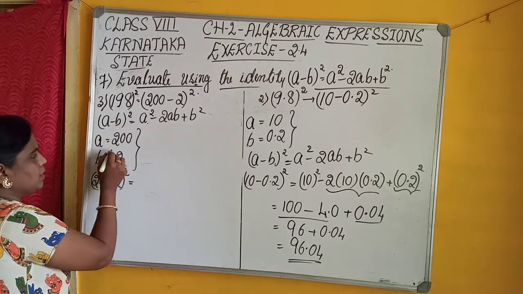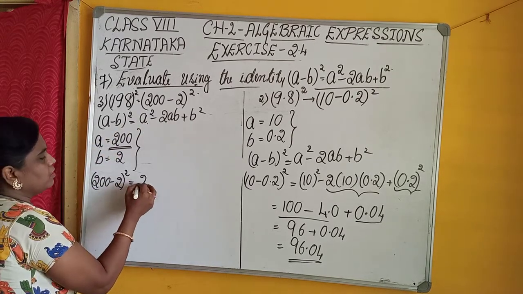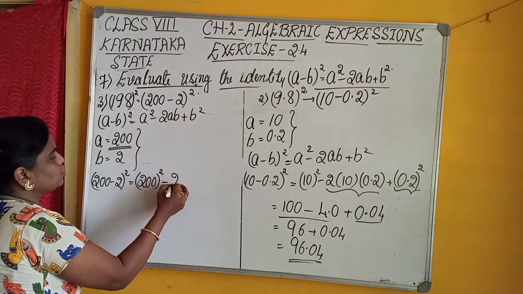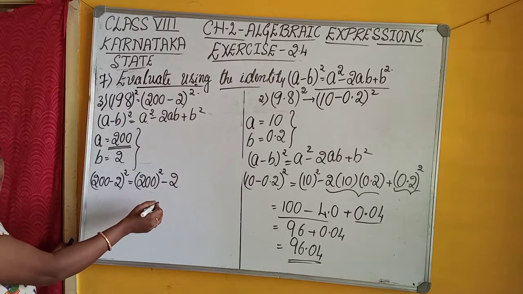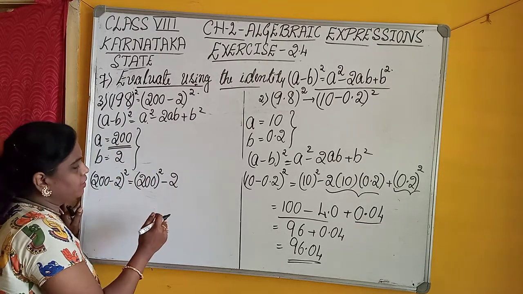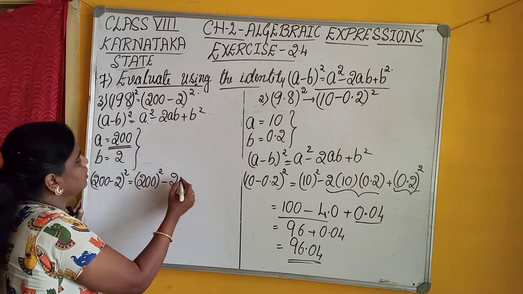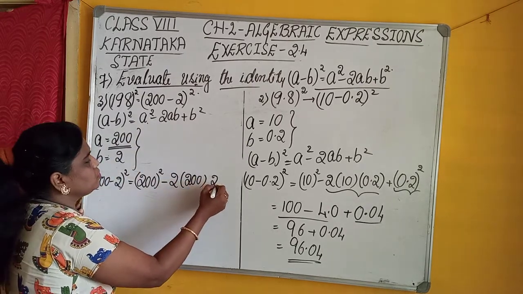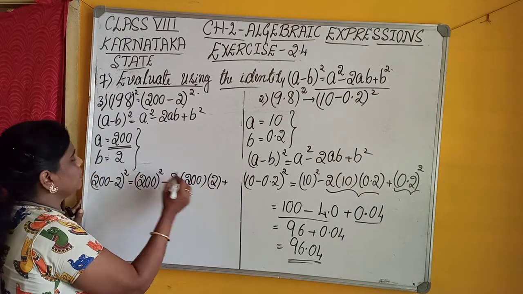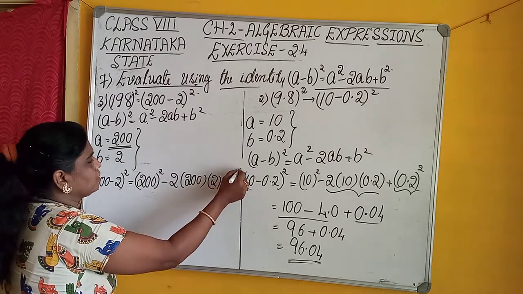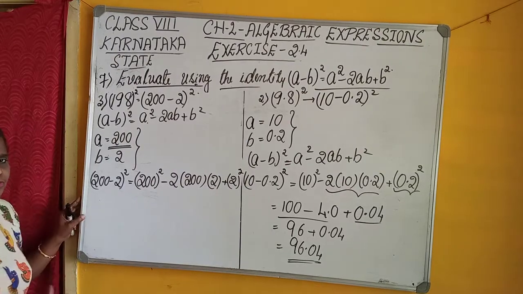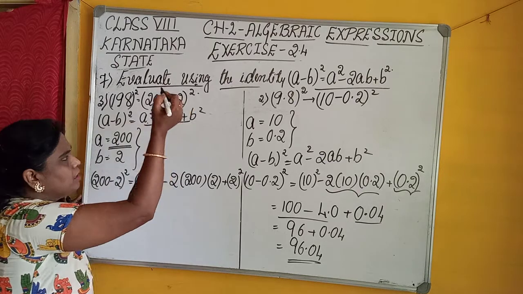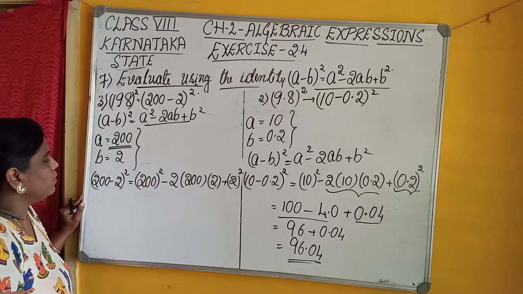A square is nothing but, look at the value, a is 200 square, minus 2 into, I am following the identity only, 2 into the value of a, which is again 200, and the value of b, which is 2, plus b square, which is 2 square. Okay, we substituted the values of a and b in the identity, a square minus 2ab plus b square.